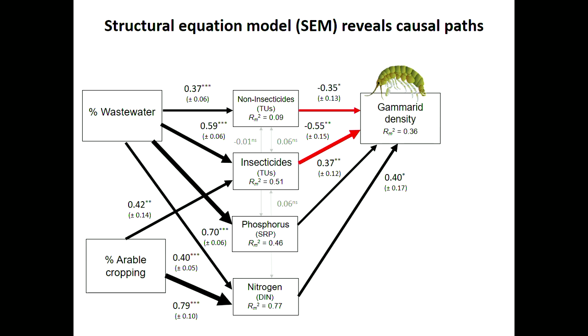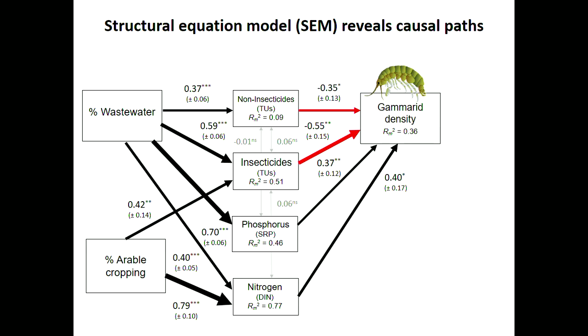So here we're looking at gammarid densities in the leaf packs again, and we can show using this model that we actually do have positive effects of the nutrients on the densities of those consumers, but we also can show that here we have negative effects. And so these are path coefficients with one standard deviation, and the star there indicates some significant relationship.